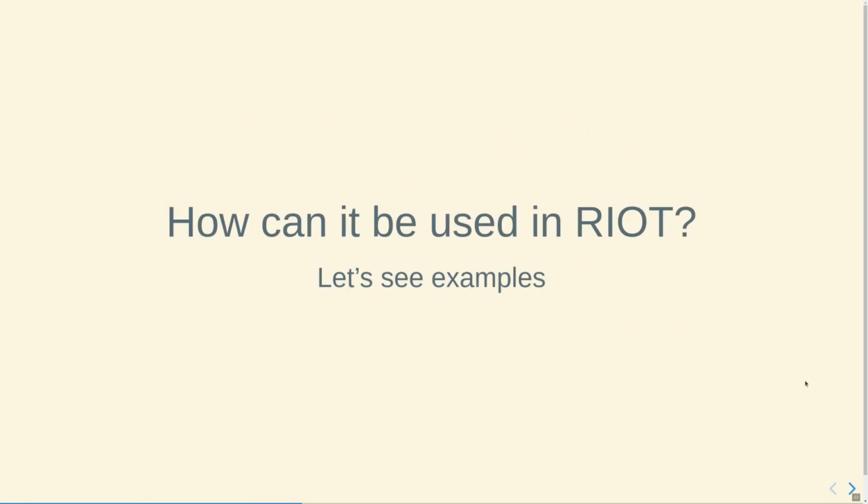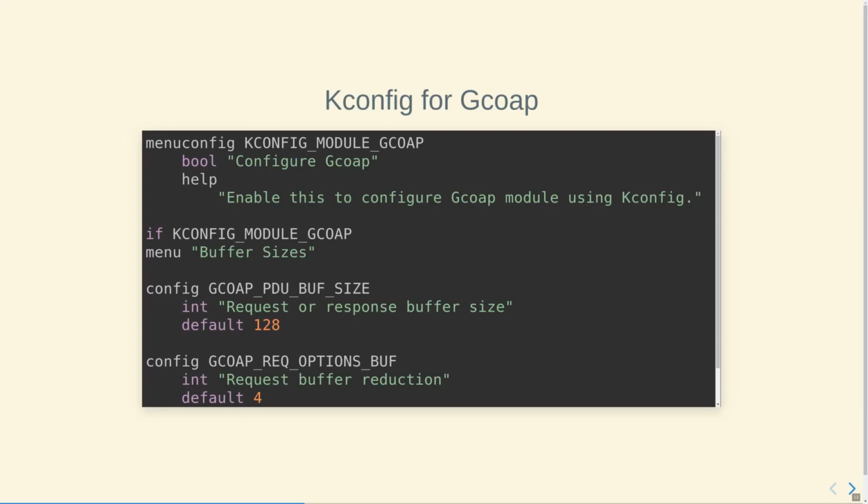How can we use this in RIOT? Let's see some examples of applying Kconfig to the configurations. Here we can see a snippet of Kconfig for the gcoap module. Here it defines a Kconfig module gcoap that can be enabled. That means that we can optionally use Kconfig to configure this module.